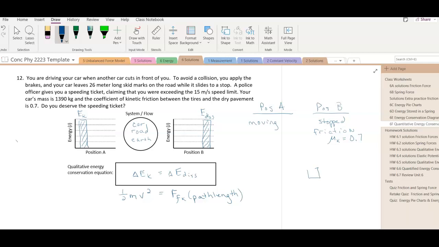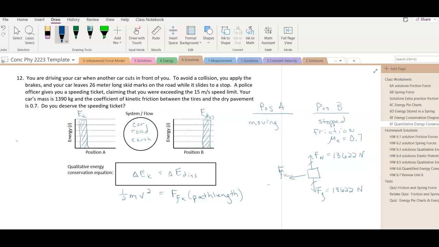If we just think about this car, I'm not really doing a nice force diagram, but the weight of this car is its mass, 1390 times 9.8, which is 13,622 newtons. And in this case, that weight is being balanced by the normal force of the road supporting the car, which is also 13,622.